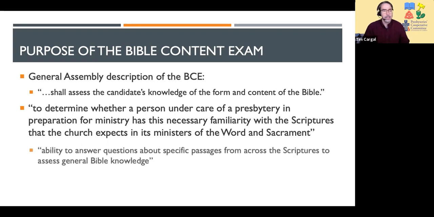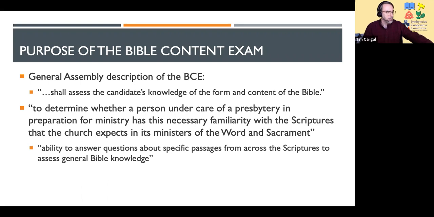And it goes about making this assessment by assessing the ability to answer questions about specific passages from across the scriptures to assess a general level of Bible knowledge. So there are a variety of ways that you could give a test like this. Its purpose is to test general knowledge.